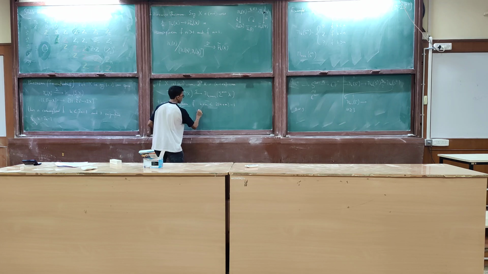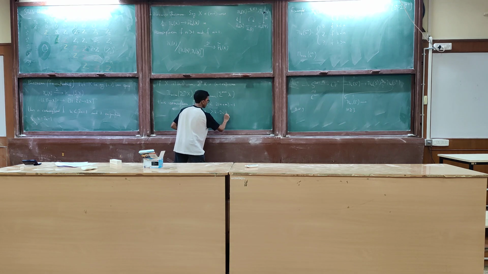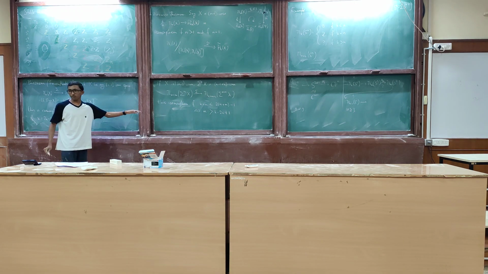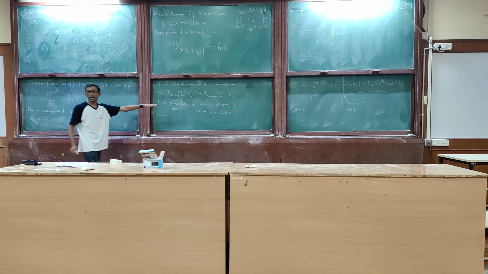We just do the basic computation and we get a bound on m. So this is an isomorphism when m is large enough.